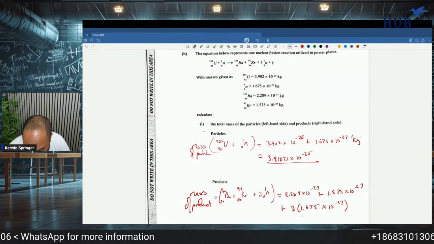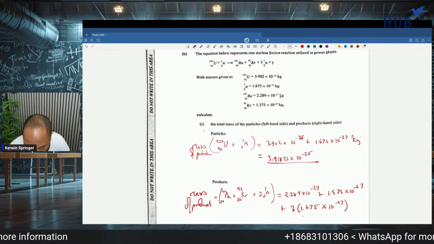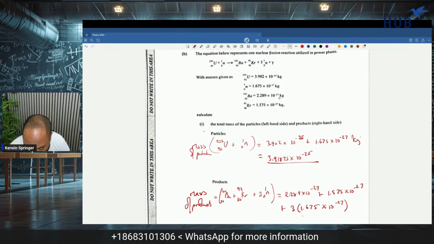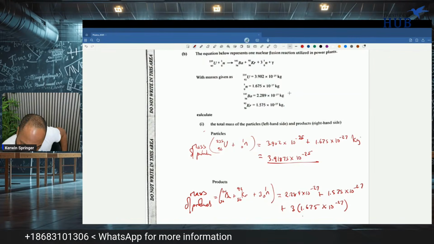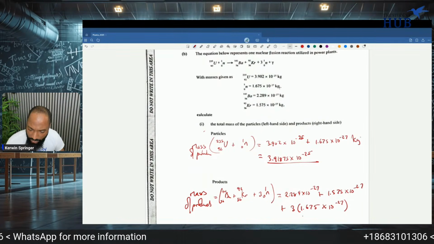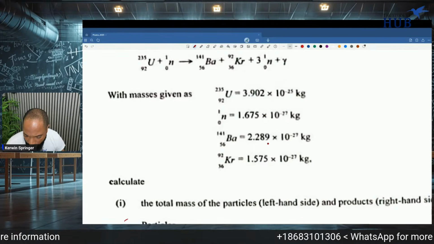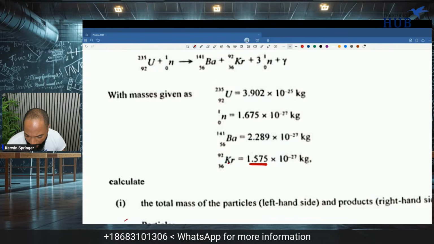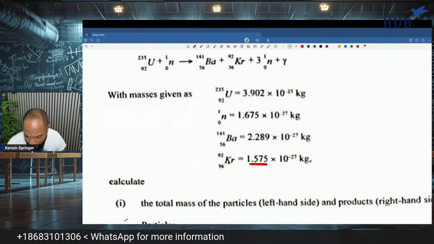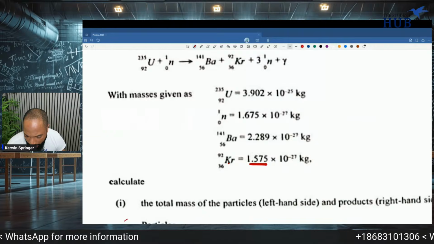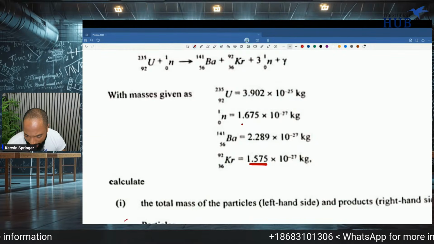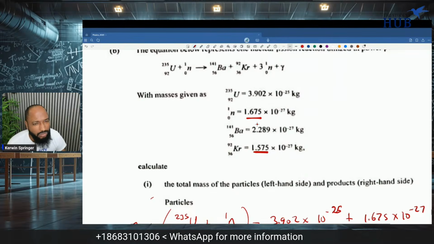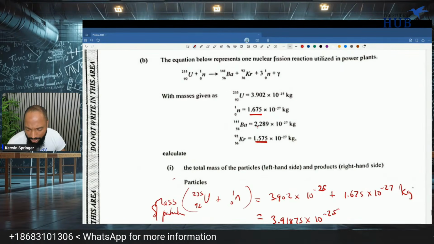Something spooky about this. How can the mass of krypton be less than the mass of a neutron? Had I an error in this paper?